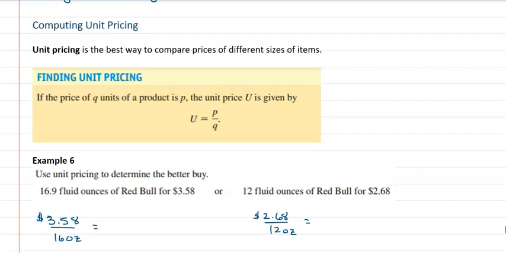But when you divide it out, you get that this one is 0.21 dollars, or 21 cents per ounce. So 0.21 of a dollar is 21 cents. And the other one is 0.22 dollars per ounce, or 22 cents per ounce. So that means that this one is a better deal.